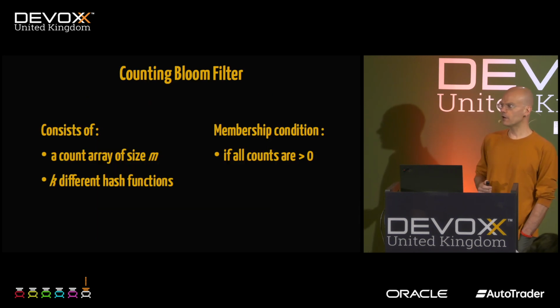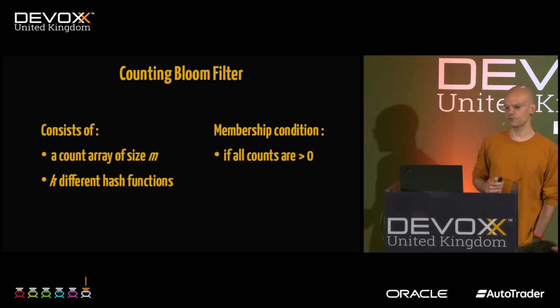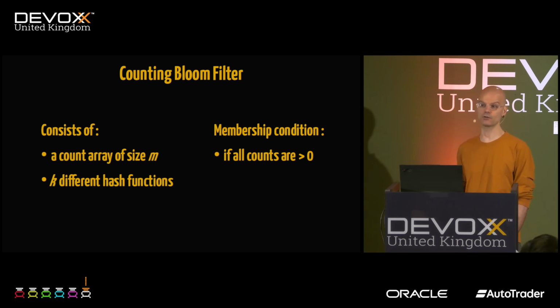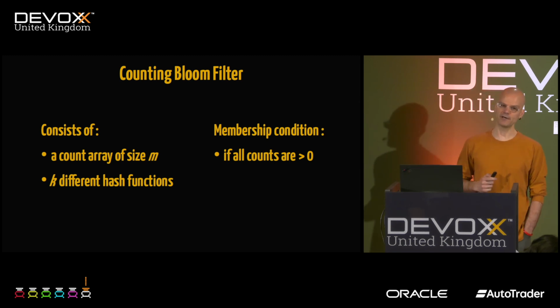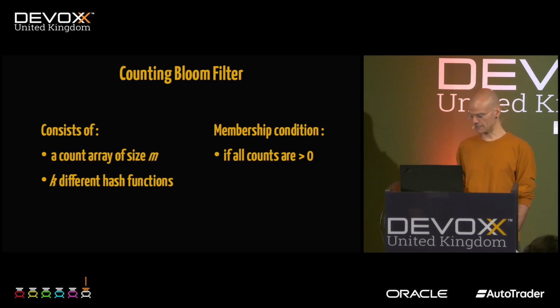If our use case needs to delete elements, then we can use a counting Bloom filter, which is a very, very simple extension of the Bloom filter that we just saw. Instead of having a bit array, we have a count array. So we use a number instead of a bit. And the rest is the same.